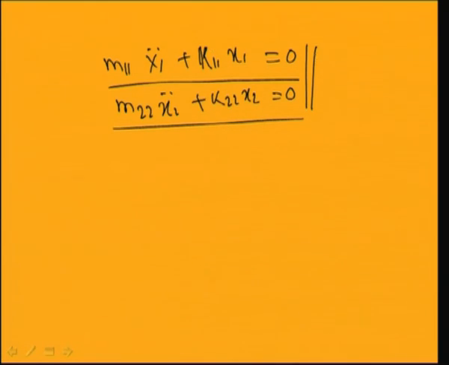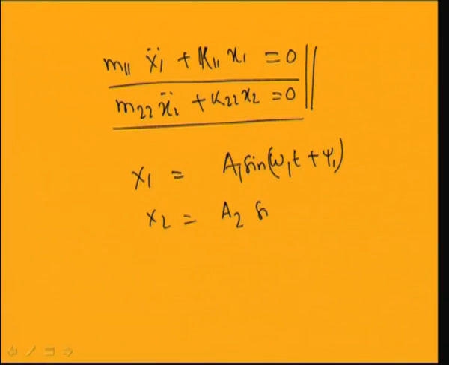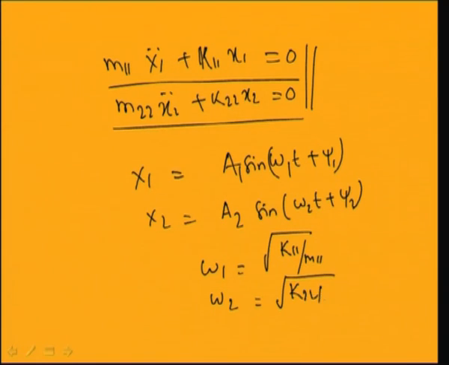So you can solve these equations very easily by writing x1 equal to a1 sin omega 1 t plus psi 1, and x2 equal to a2 sin omega 2 t plus psi 2, where omega 1 is root over k11 by m11 and omega 2 is root over k22 by m22, and psi 1, psi 2 and a1, a2 can be obtained from the initial conditions.